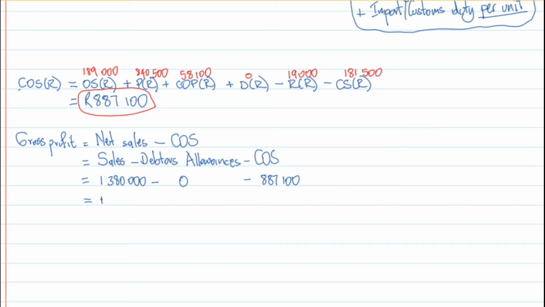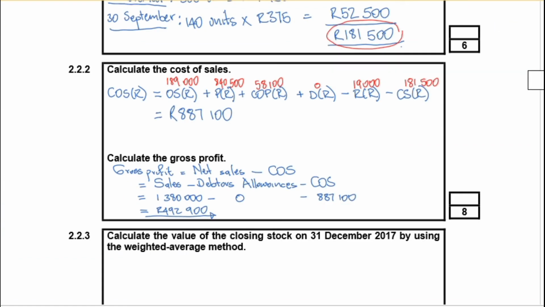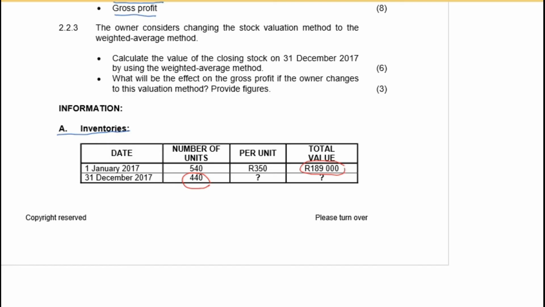Therefore, when we calculate, we get a gross profit figure of 492,900 rands. In 2.2.3, it states that the owner considers changing the stock valuation method to the weighted average method.